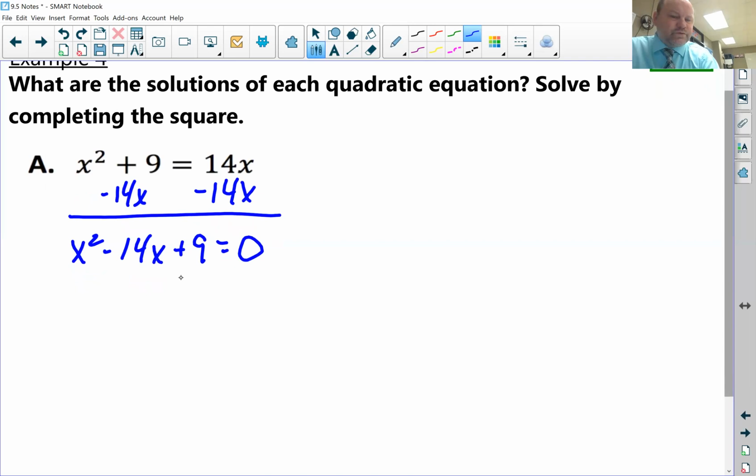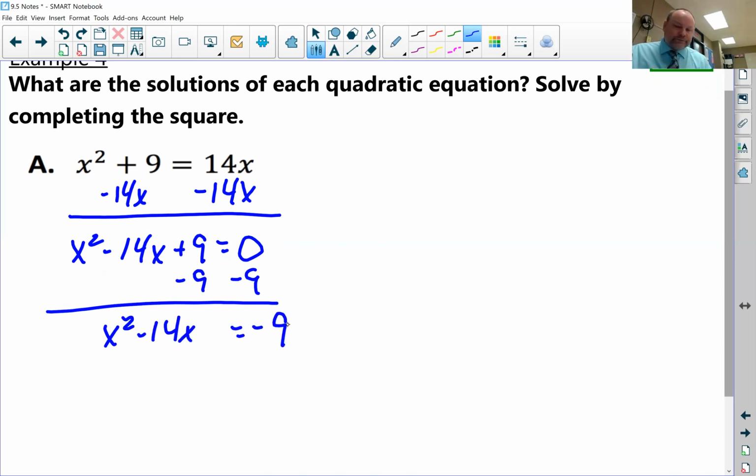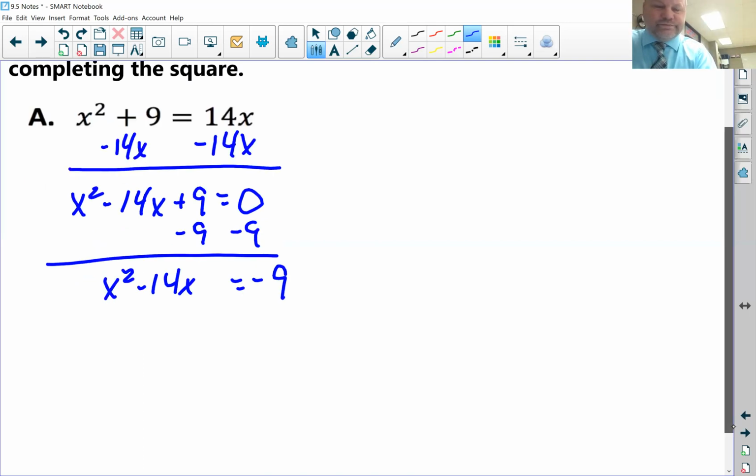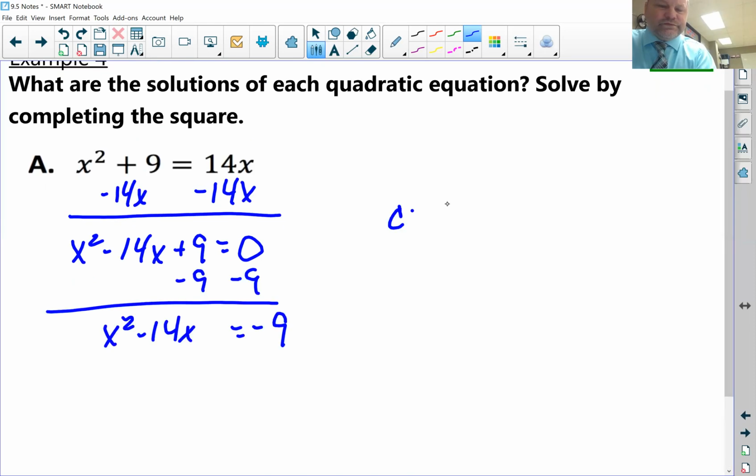And then subtract 9. All right. So if I then find my value for C, C is going to be negative 14 divided by 2 squared.